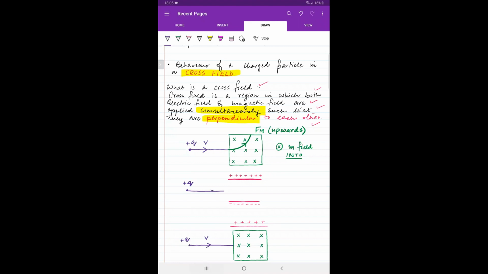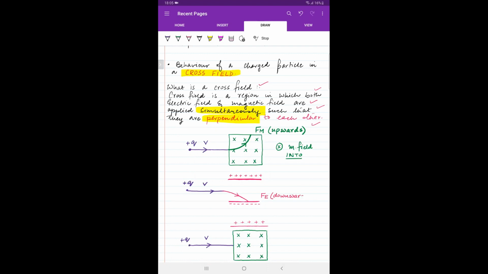You would all agree that this charge particle will have a tendency to go downwards. So I have drawn its downward deflection. And let me mention the wordings. This electrical field is making this charge particle deflect downwards.